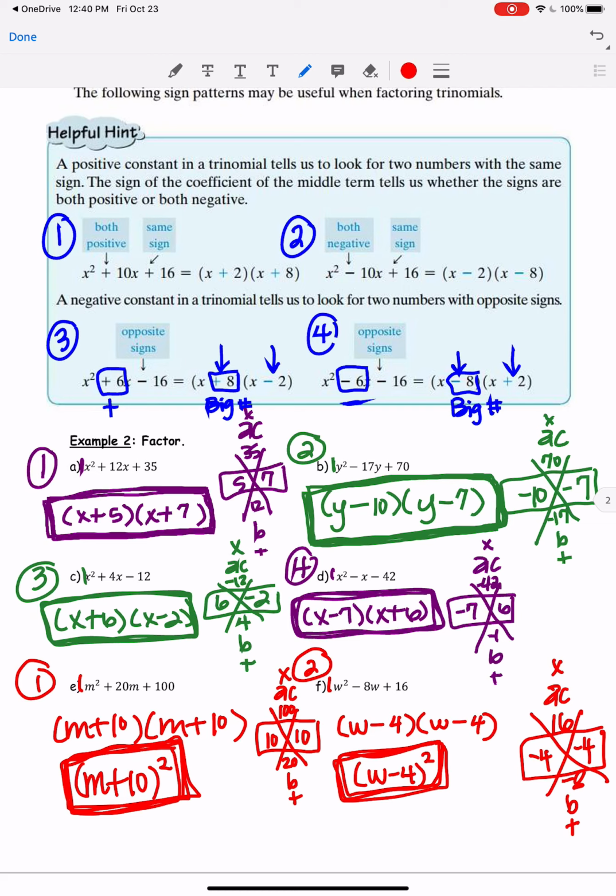These two on part E and F, when you have the same thing and you put them together for a quantity squared, these have a special name. These are called your perfect square trinomials.